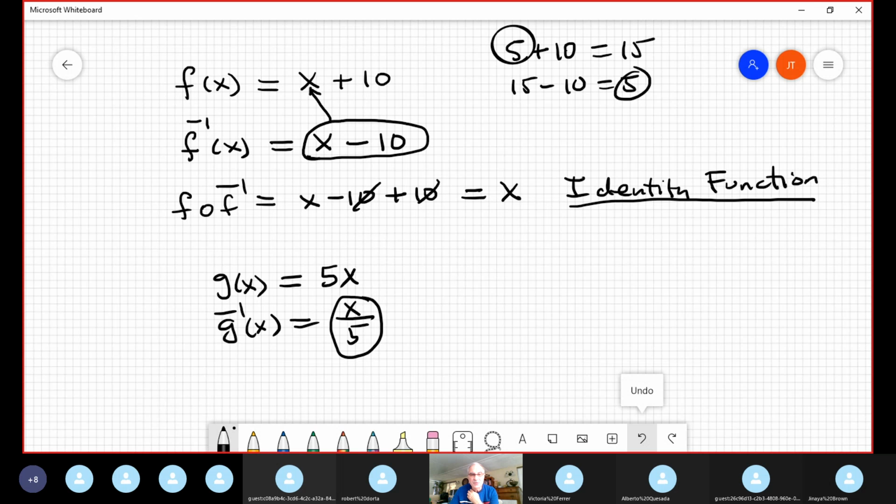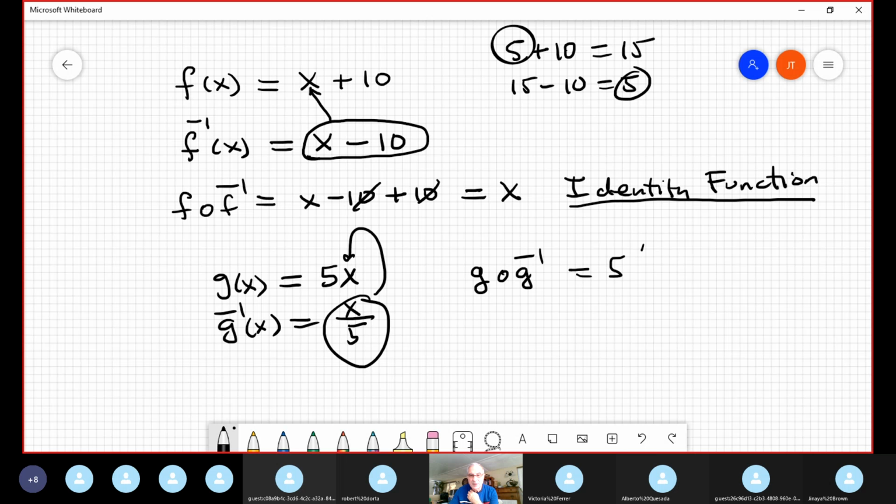The first function, then the inverse function, g composition g inverse: you take that and substitute here. That's 5 times x over 5. The 5 is cancelled, and the answer is again the identity function.